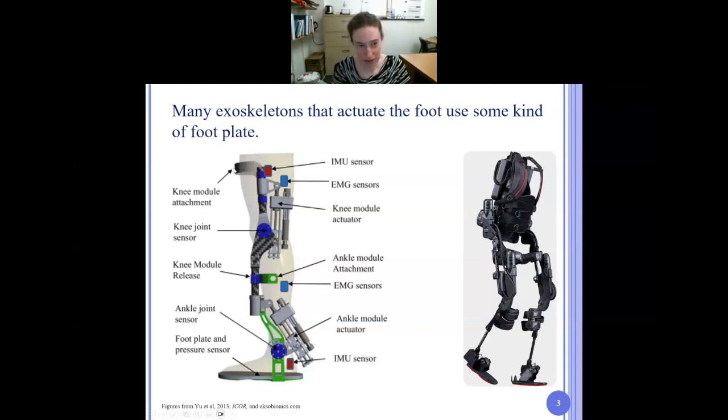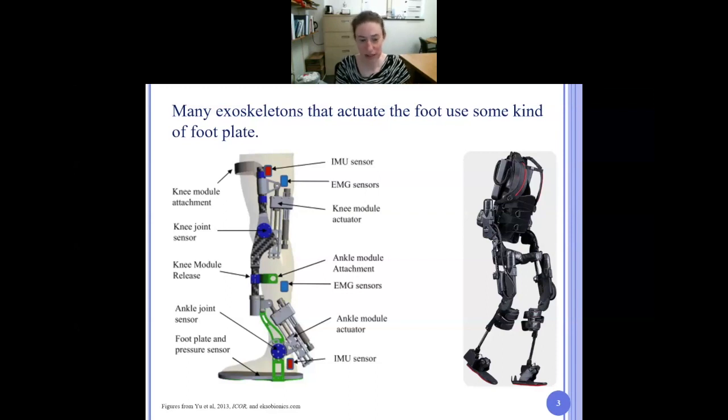And you're going to strap it to the person basically at the thigh, at the shank down in this middle, and then you have a foot plate that goes under the foot with some straps over the foot to attach this whole exoskeleton to the person. Because the foot plate is generally rigid, that's going to generally keep the foot from behaving in its normal manner. So we'd like to know, what impact does that have on walking?